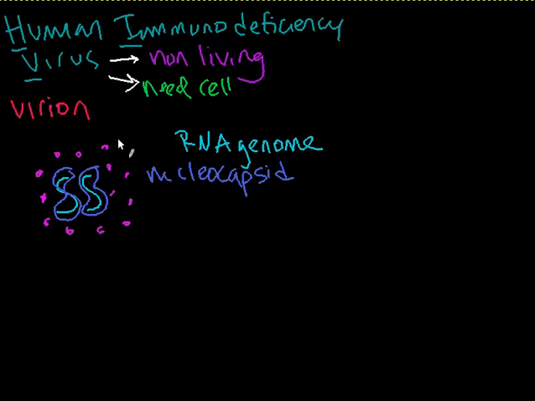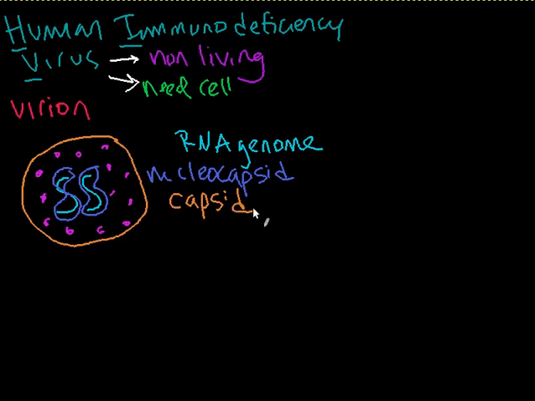And surrounding this all is a protein layer called the capsid, which itself is surrounded by a lipid bilayer. And this lipid bilayer is just like one that you would find around a regular cell.